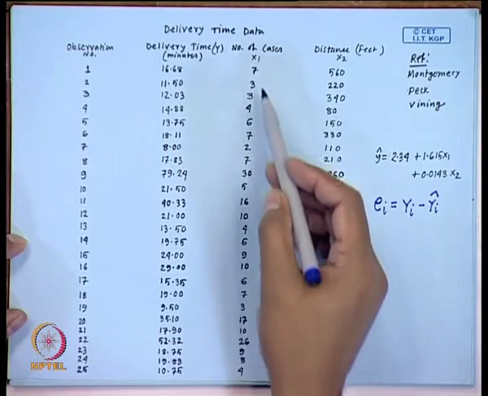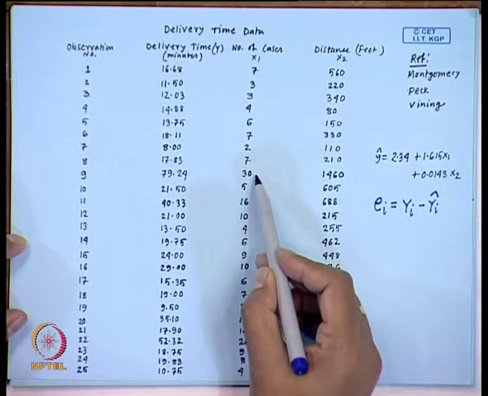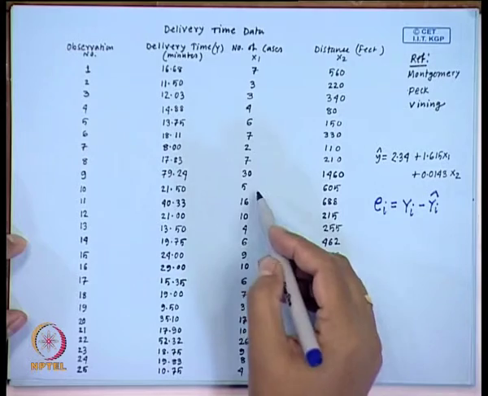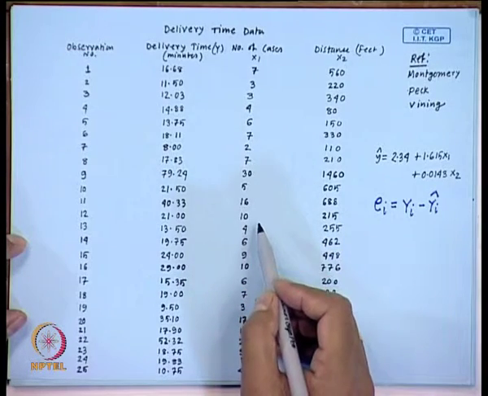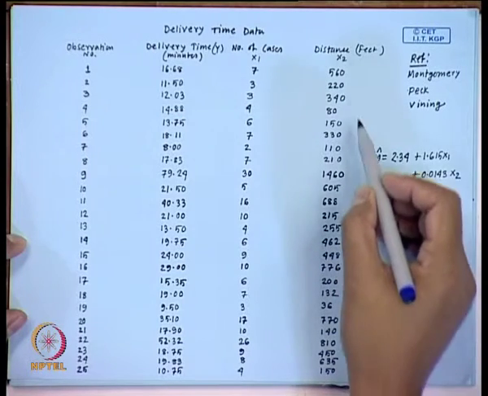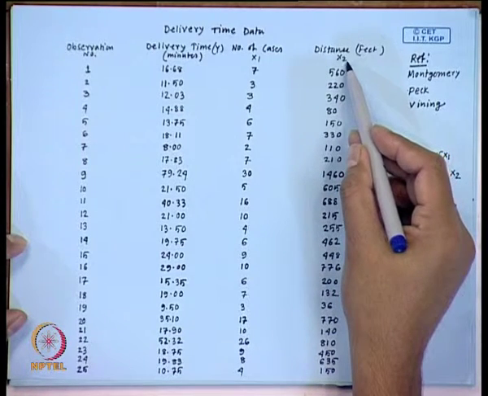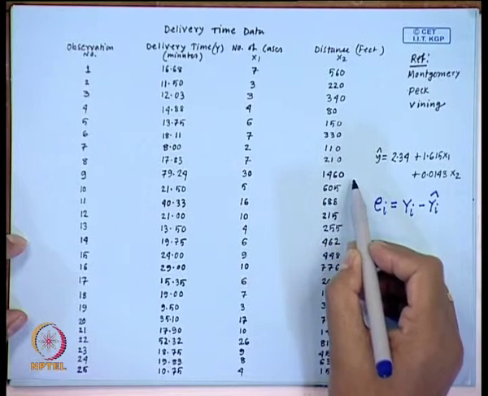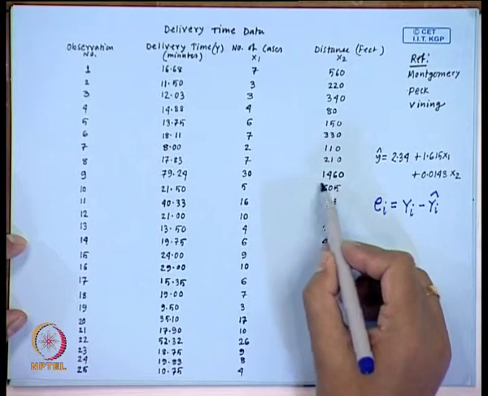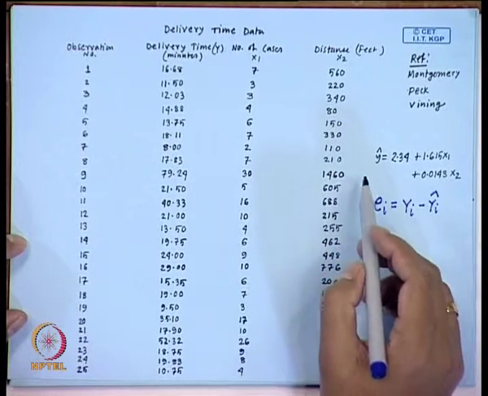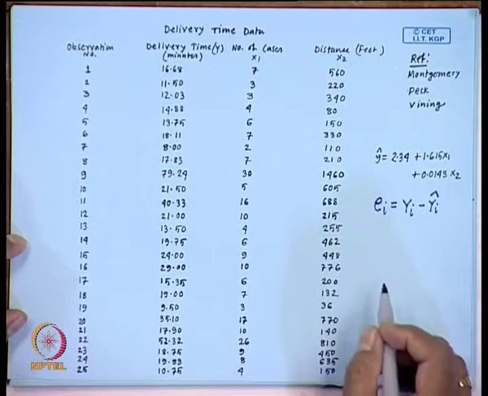Here the x1 value is 30, whereas the center of x1 is quite less compared to 30, and the value of the regressor x2 is 1460, which is also quite large compared to the center of the x2 coordinate.